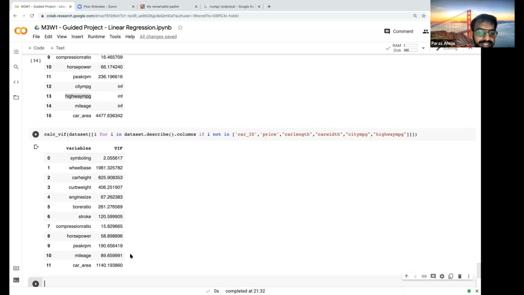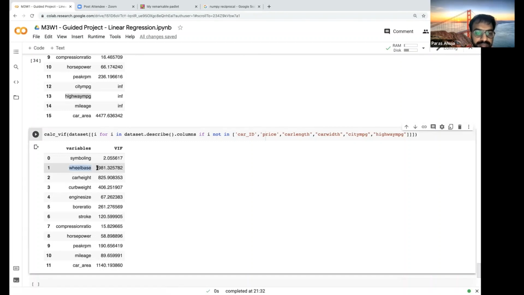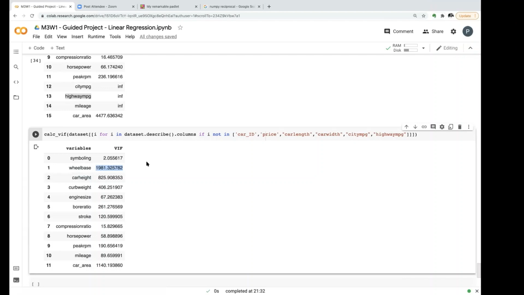See this car area and wheelbase. Car area and wheelbase, they have values in a similar range, or even car height also, right? So can you do something around that, if you are able to recall your VIF concepts? Yeah, we can just select those three and check their VIF.